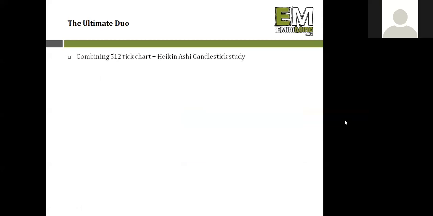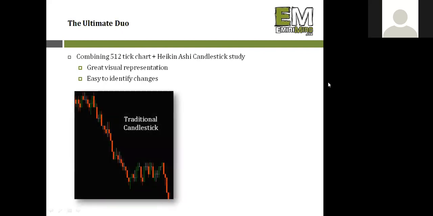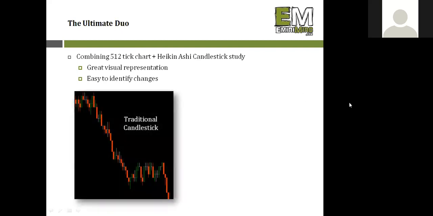So when you put them together, you kind of get this ultimate duo, the 512 and the Heikin, and it's a really good visual representation of what's happening in the market at kind of a very minute micro level. So it's pretty easy to spot the trend changes and when we're just chopping around.